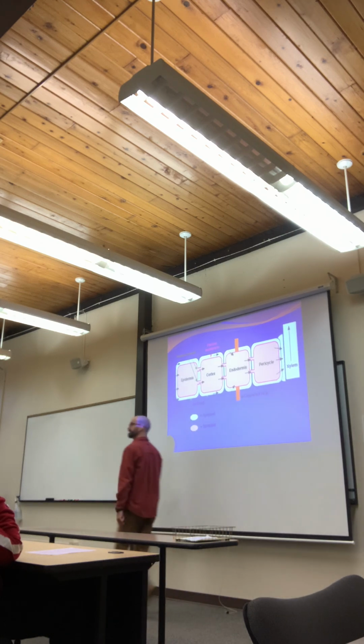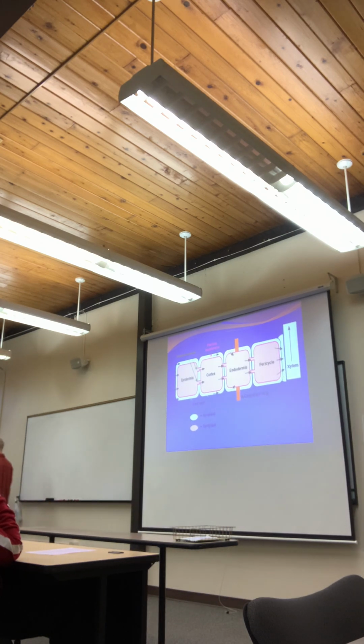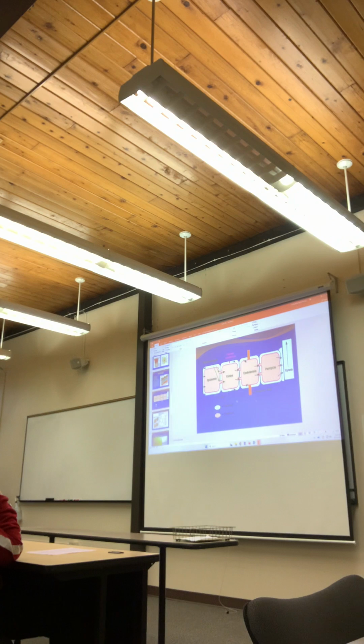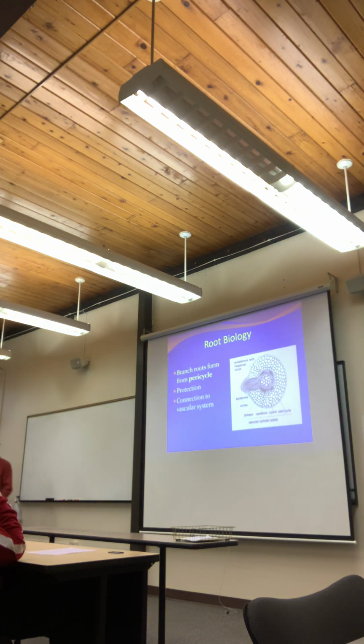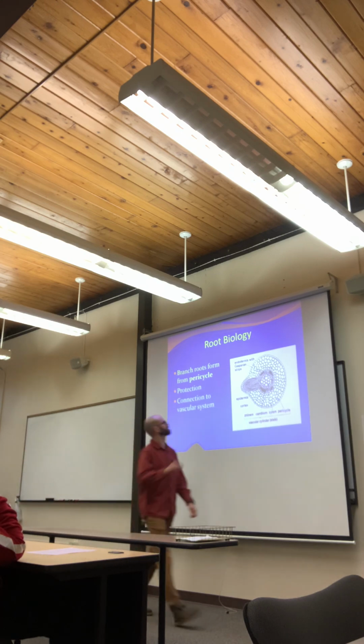Gotcha. For the pericycle is the beginning of meristematic tissue, right? Yeah. And it's connected to the vascular system or is part of the vascular system? It's a layer of meristematic tissue that is not vascular, in that it doesn't move those things, but it's there for the establishment of new roots.